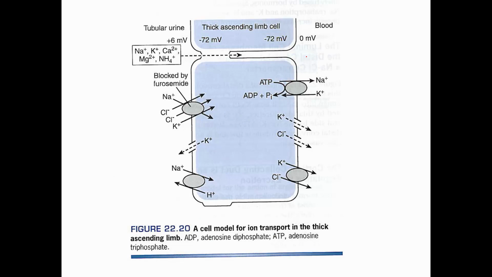Now what's going on in the descending limb? Well, looky here. Notice we've got a membrane potential. These cells have a nice membrane potential across. Why? Because we have sodium potassium ATPases, and we have leak channels, and we have chloride channels and potassium channels.